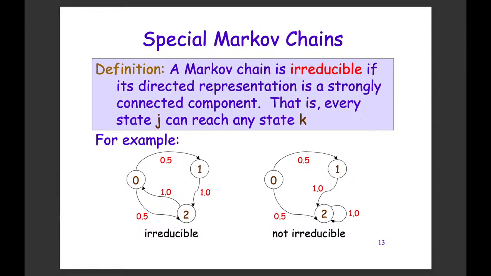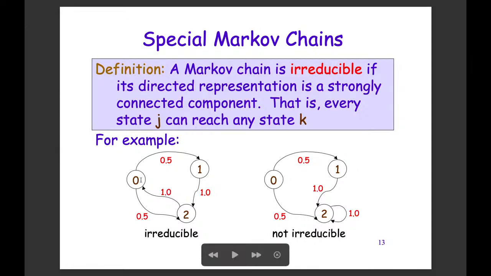One of them is called irreducible. A Markov chain is irreducible. This is a very easy idea. Irreducible means that if you start from any state, then you can go to any other state. In graph theoretical terms, it means that the graph representing the Markov chain is a strongly connected graph.